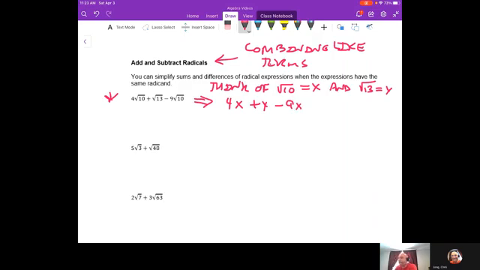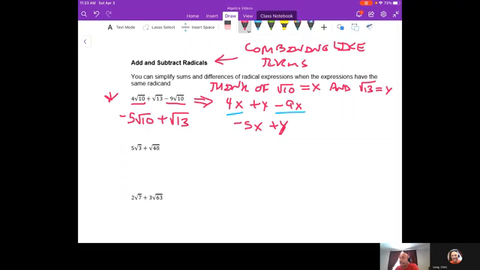Now you can see that we can combine this term and this term, so we end up with 4 minus 9x, which is negative 5x plus y. Remembering that the x is the square root of 10 and the y is the square root of 13, that means I could combine these to be negative 5 times the square root of 10 plus the square root of 13.